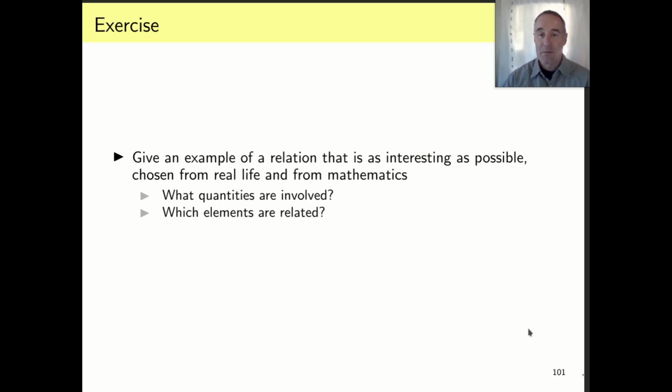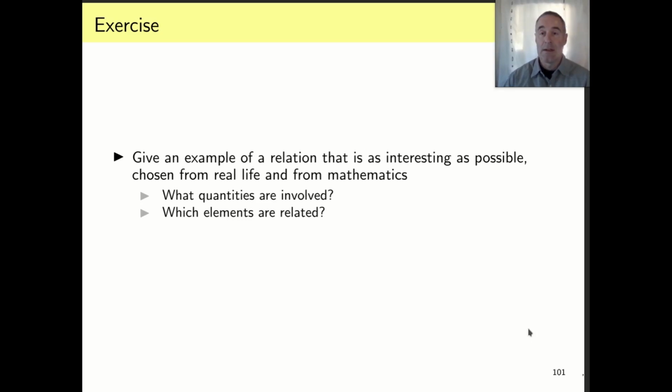So a good exercise would be to try to think of some relations. Think of some relations from mathematics or from real life that hold true. And what are the sets that are involved in that relationship? And what are the elements? How are those elements related? We might think of greater than as a relationship in mathematics.